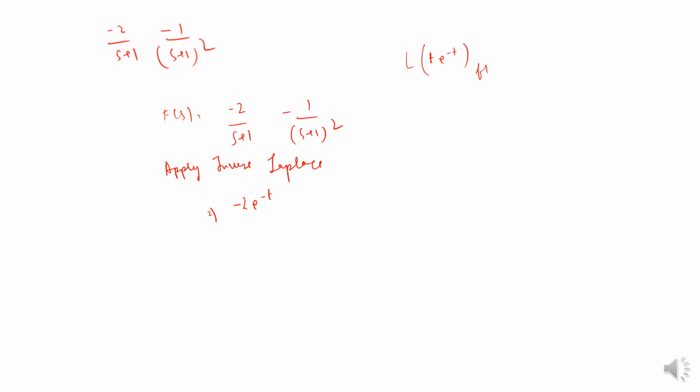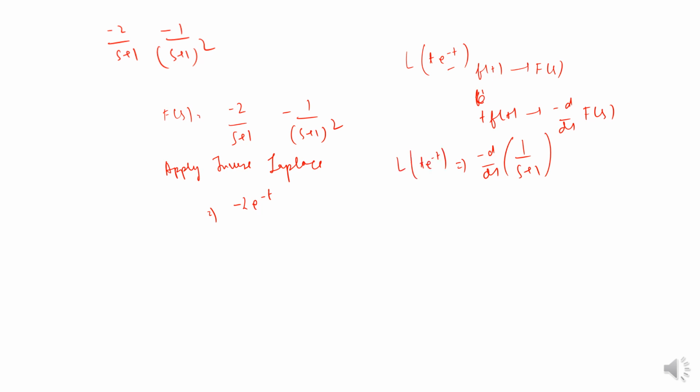We know that f of t is transformed to F of s, and t into f of t is transformed to minus dou by dou s of F of s. For e power minus t it is 1 by s plus 1. As we have t, we take minus dou by dou s of this.